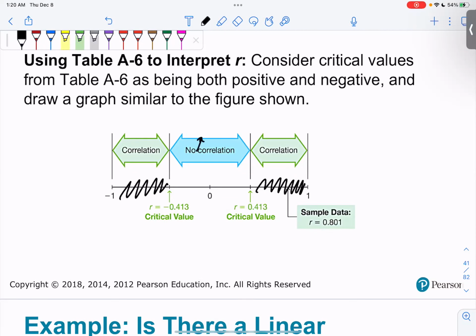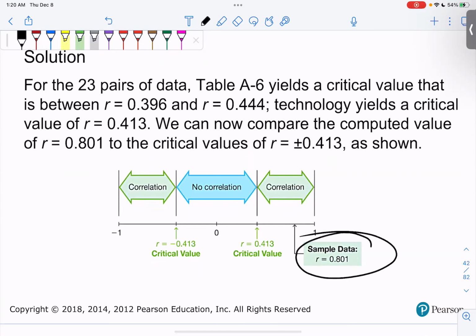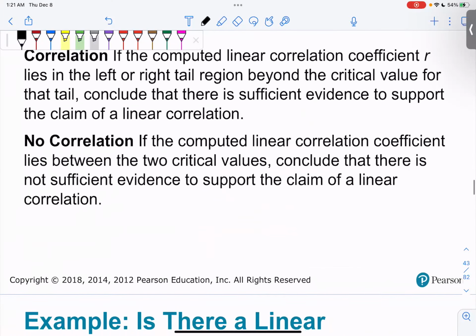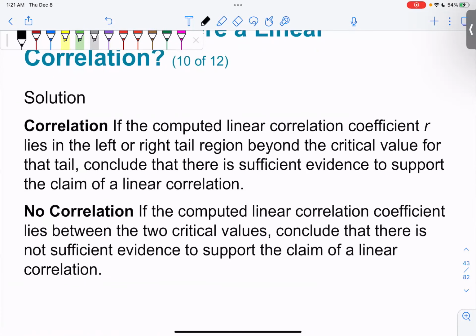In this middle region, we should say we have no linear correlation, because we cannot guarantee the relationship is linear. We may have a relationship, but it is not a linear relationship. So in our example, we got 0.801, which means we have a strong positive linear relationship between those two variables. Okay.